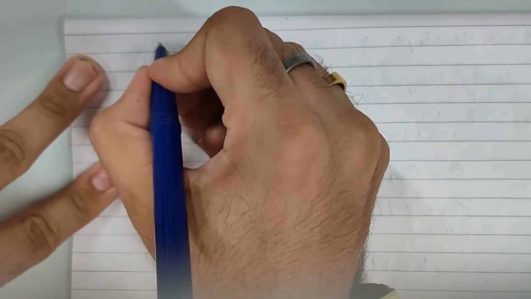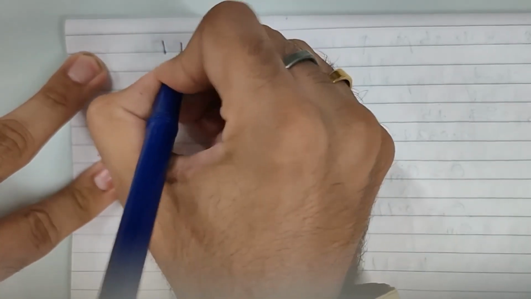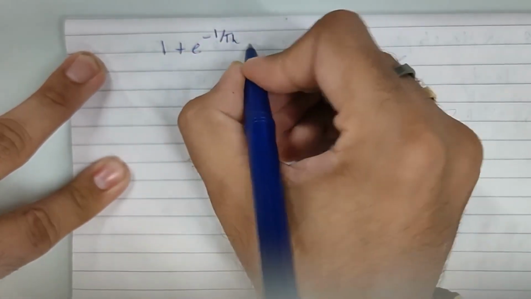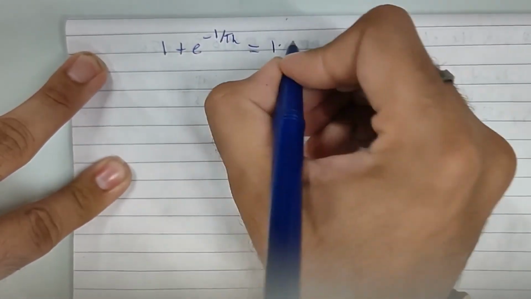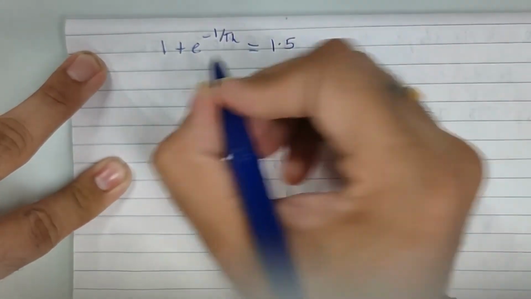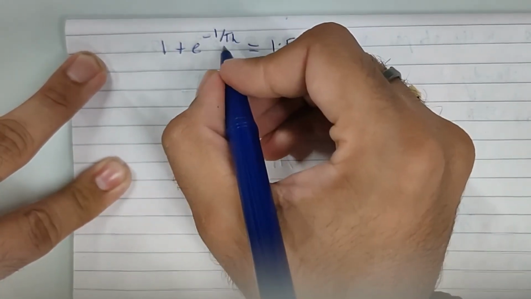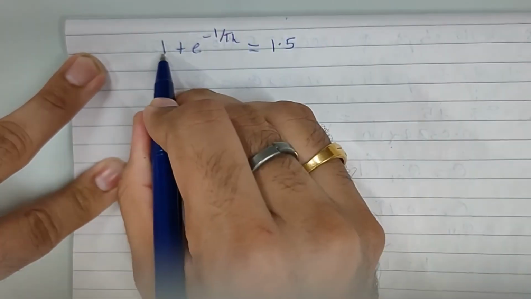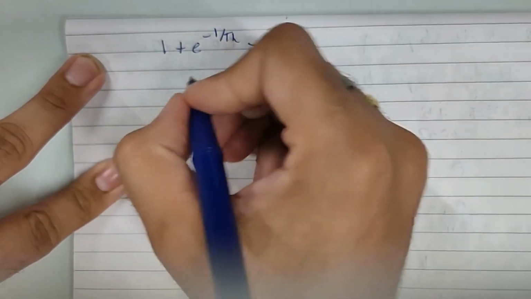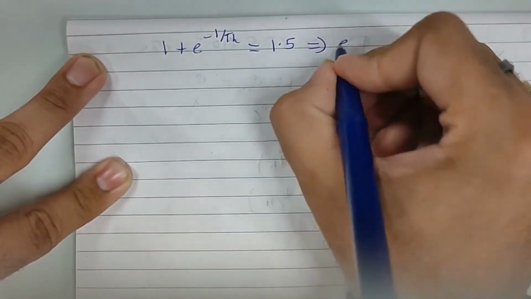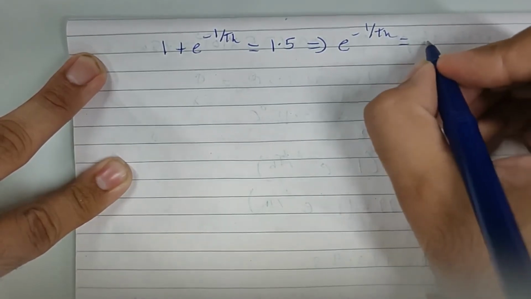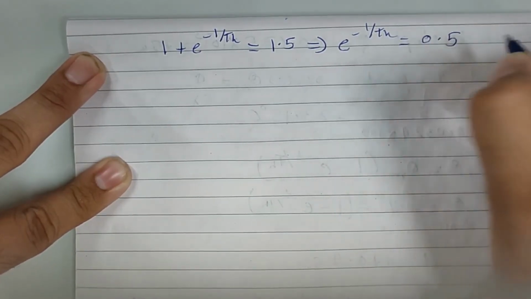On further simplifying the equation, we get 1 plus e raised to minus 1 upon Th is equal to 1.5. So that means e raised to minus 1 by Th, if I make this the subject of the equation, my 1 goes on the right hand side, so e raised to minus 1 upon Th would be nothing but 0.5.